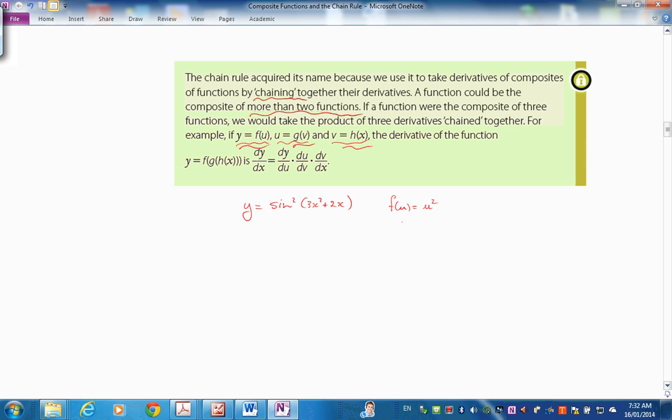F of u would be u squared, and g of v, let's put this in.